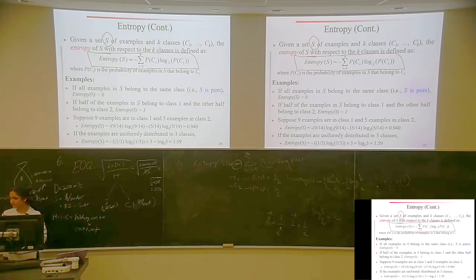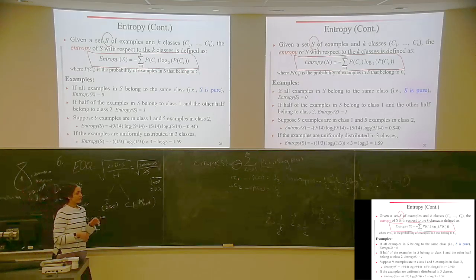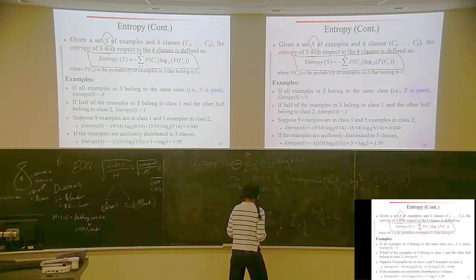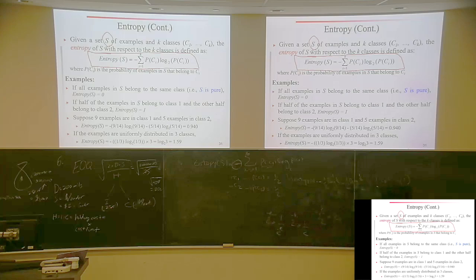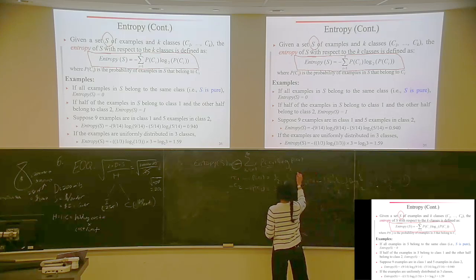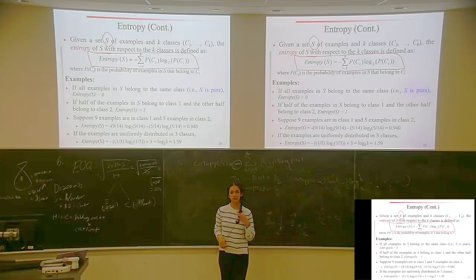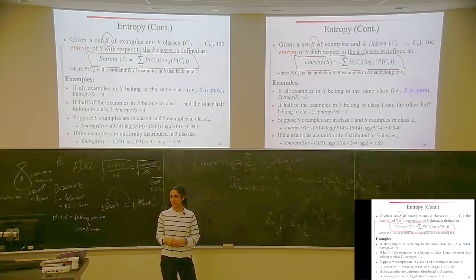And so suppose you have 9 examples in class 1, 5 examples in class 2. So what would be the entropy? Easy, right? So that would be minus sigma p_i multiplied by log of p_i, right?